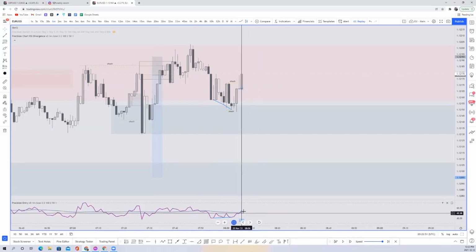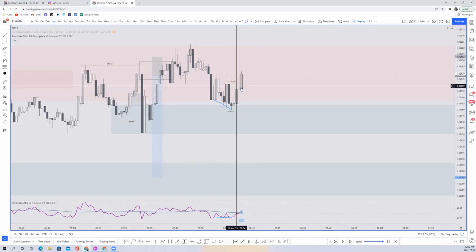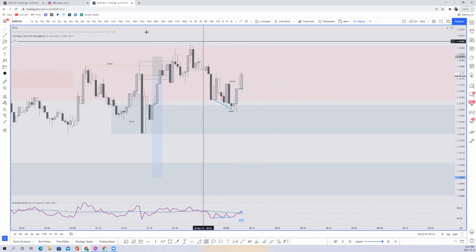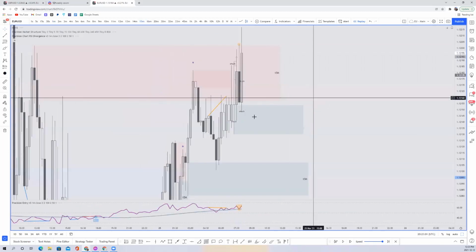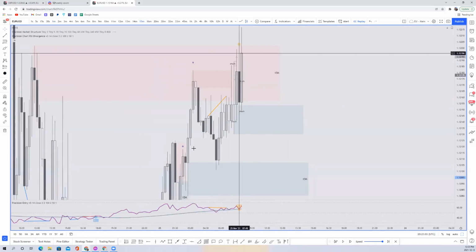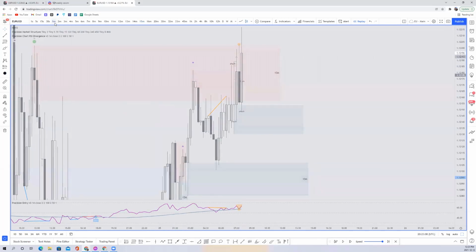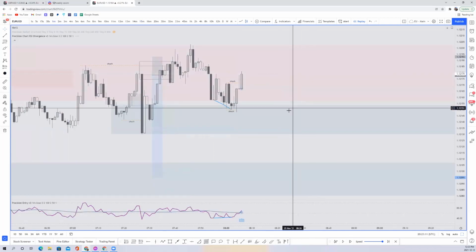Anytime these cross, whether you got a dot or not, it can be confluence if it fits into the rest of your plan. My plan right now is these wicks are reaching. So we're going to try a buy. And if the buy fails, we're going to turn around and sell it back down.